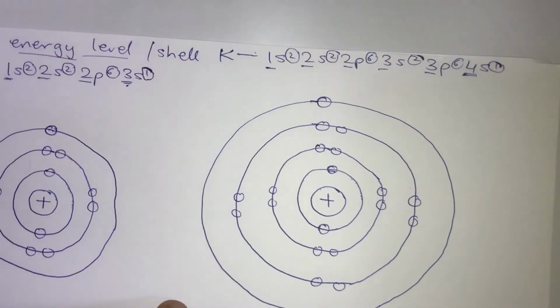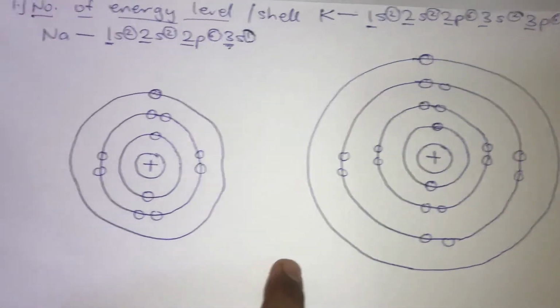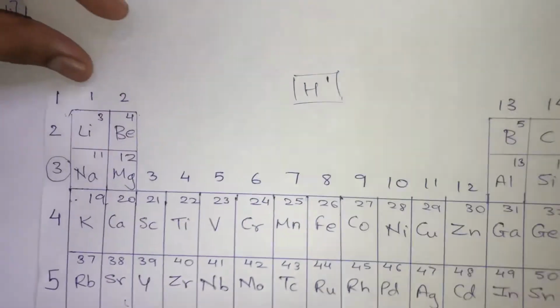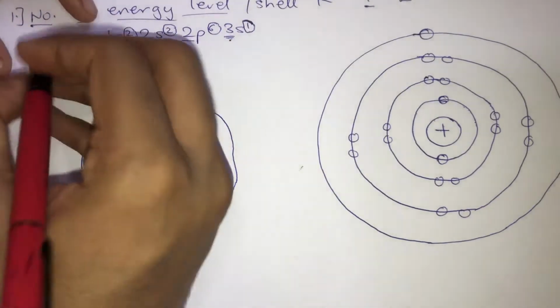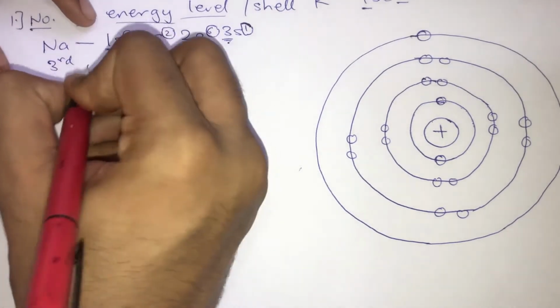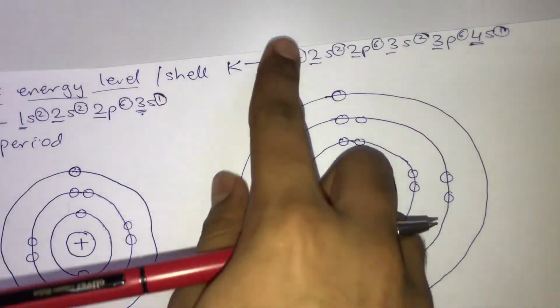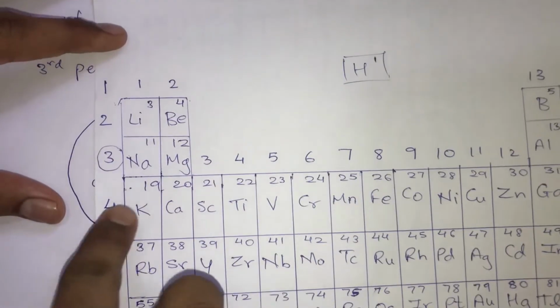Now what I want you all to observe over here is that this sodium atom is present in the third period. Am I right? It is present in the third period, and this potassium atom is present in the fourth period.